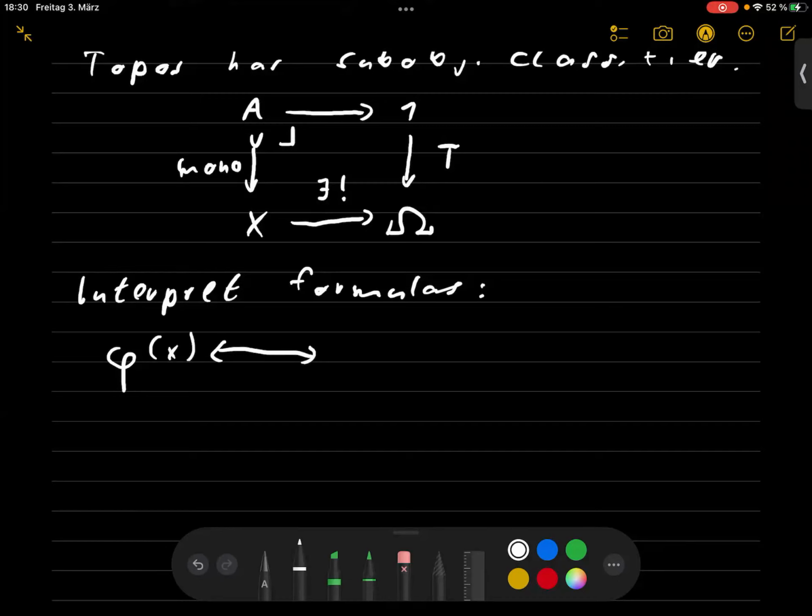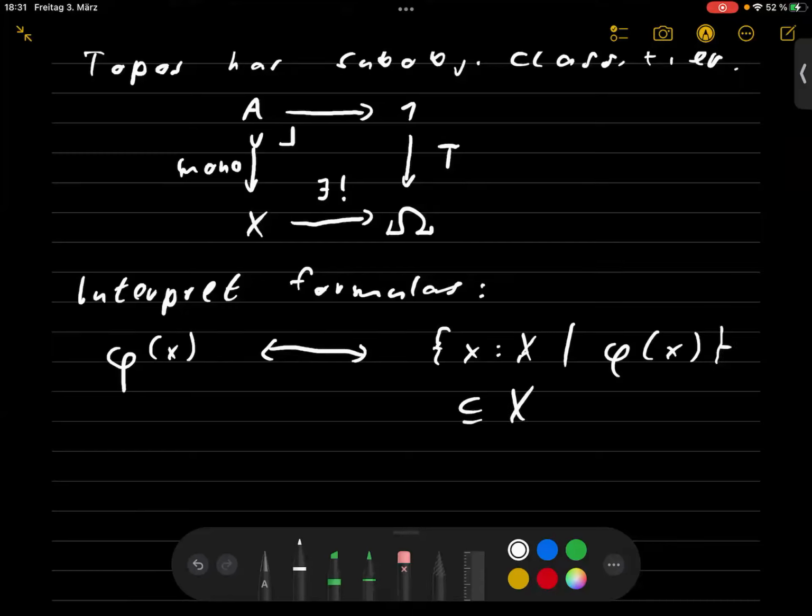I just assume that there's one free variable, but we can generalize it by using a product of variables or some product type. If we have this phi of x, then this corresponds exactly to all the x in X such that phi of x holds. And this is a subobject of the domain where it lives.